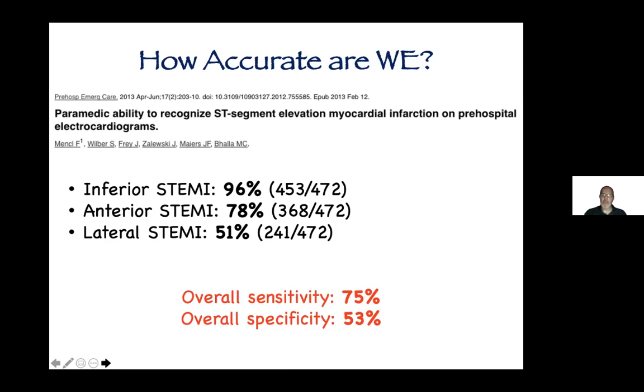That's the sensitivity, or the true positive rate. The specificity, which is the true negative rate, was 53%: they correctly said it wasn't an MI 53% of the time, which meant that 47% of the time they incorrectly said it was an MI. So that's sensitivity versus specificity.